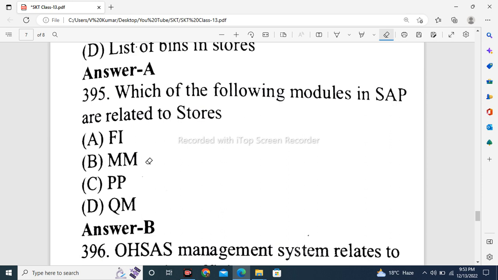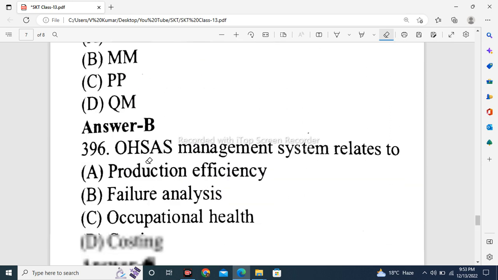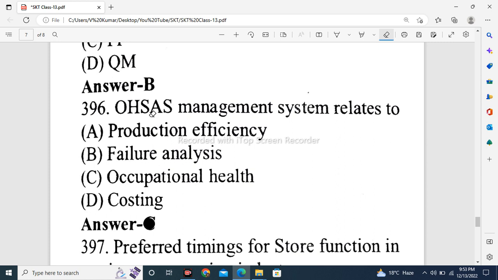MM. नेक्स्ट है OHSS management system related to A. production efficiency, B. failure analysis, C. occupational health, D. costing. आंसर है C occupational health. OHSS management system related to occupational health.